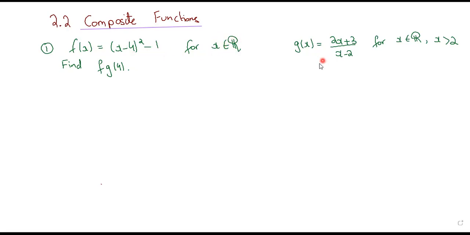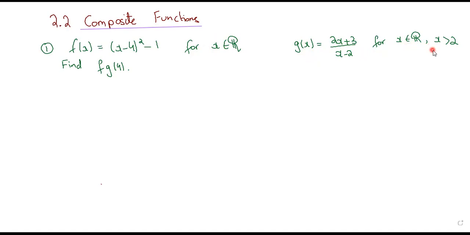Okay. Then we have another function, g of x. That is basically a fraction, (2x plus 3) divided by (x minus 2). So what is the domain in this case? Again, the domain is the set of real numbers, and then we have an exception. We have all the real numbers that are greater than 2.